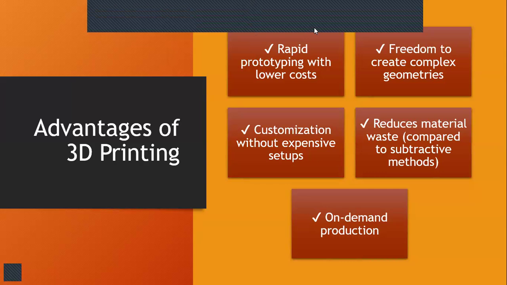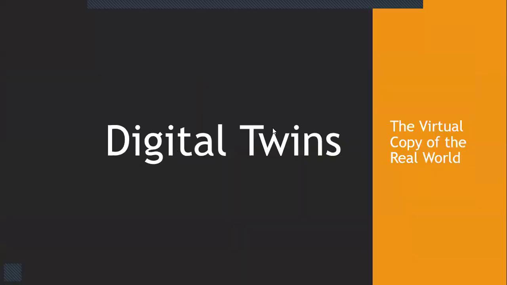This particular part was not initially included in this lesson, but I thought of giving you an idea about it. What is that? Digital twins. This is a more advanced version of prototyping, guys. It is basically a virtual copy of the real world.